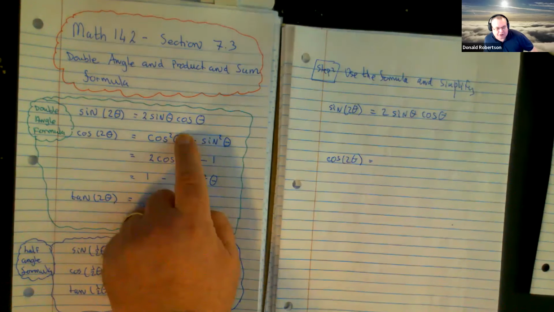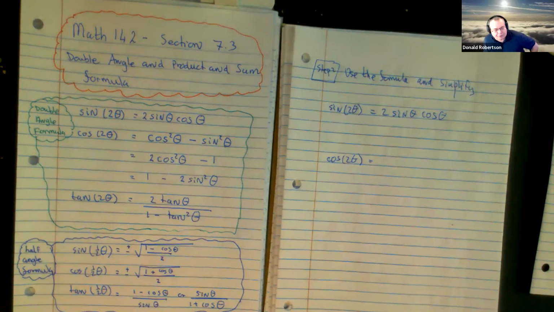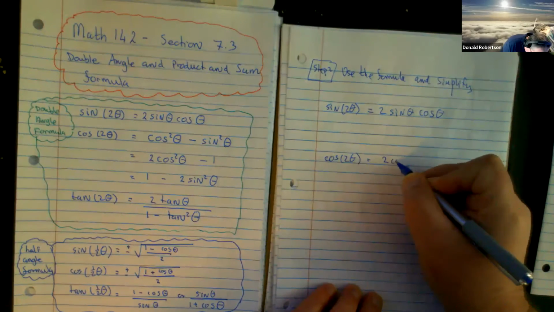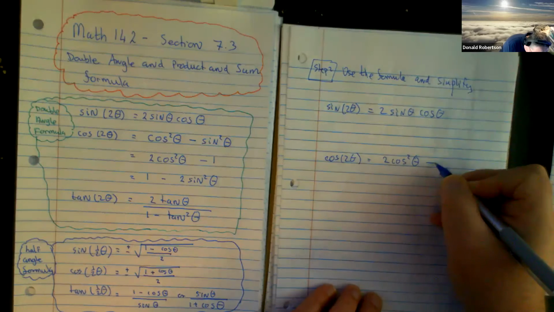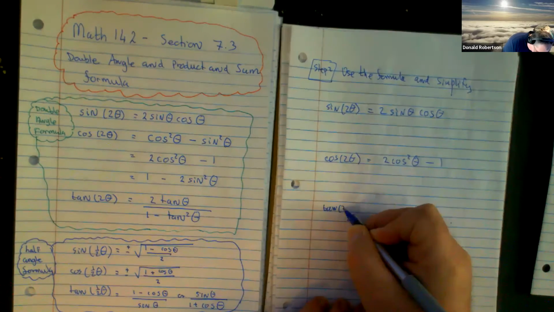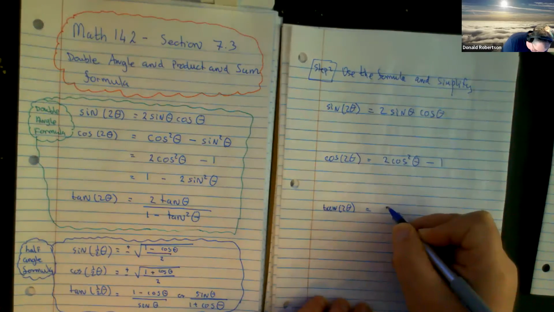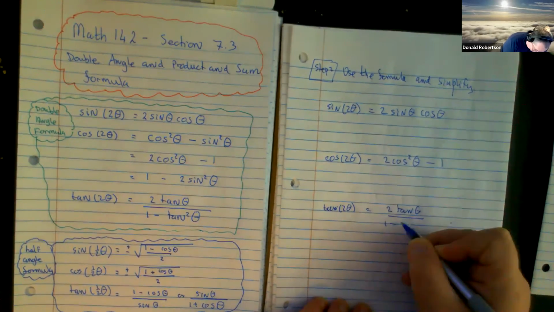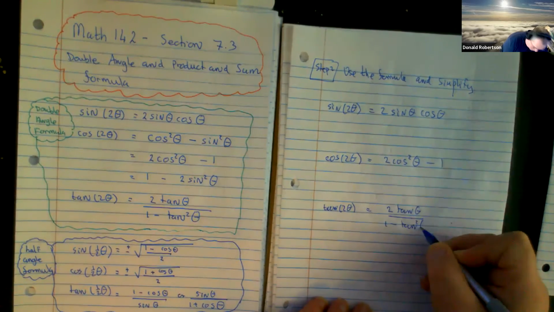You like the middle one? Okay. So we're going to do 2 cos squared theta, take away 1. And then to finish with, I'm going to do the tan of 2 theta. And that's 2 tan theta over 1 take away tan squared theta, right?